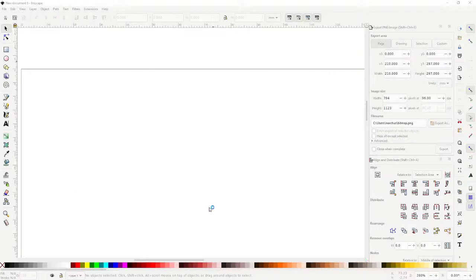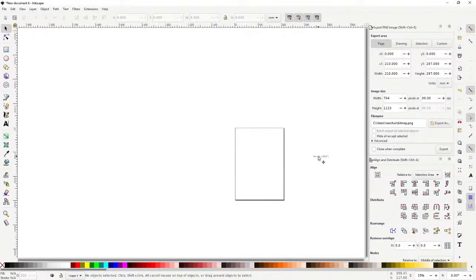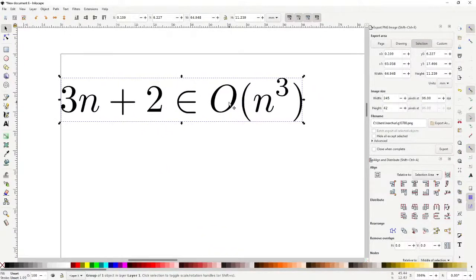Let's try to do that. So where'd it go? There it is. So we want to show this fact, that 3n plus 2 is in big O of n cubed.